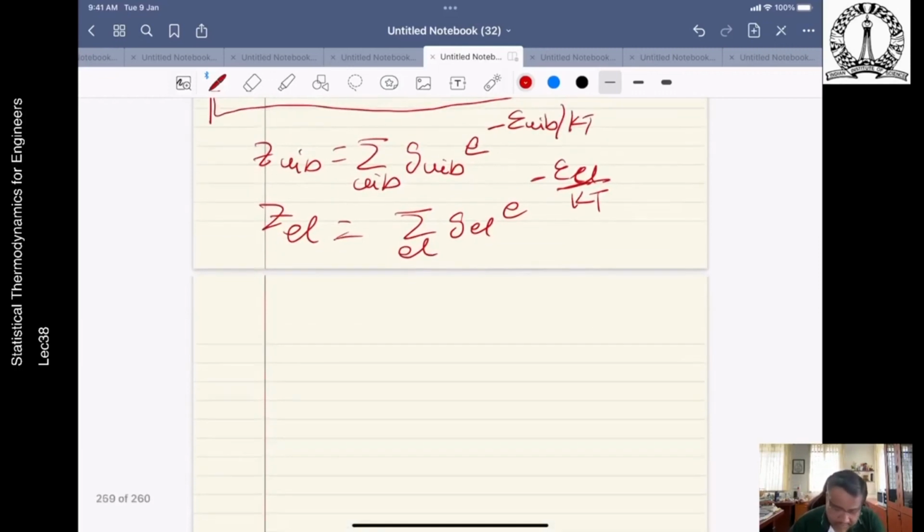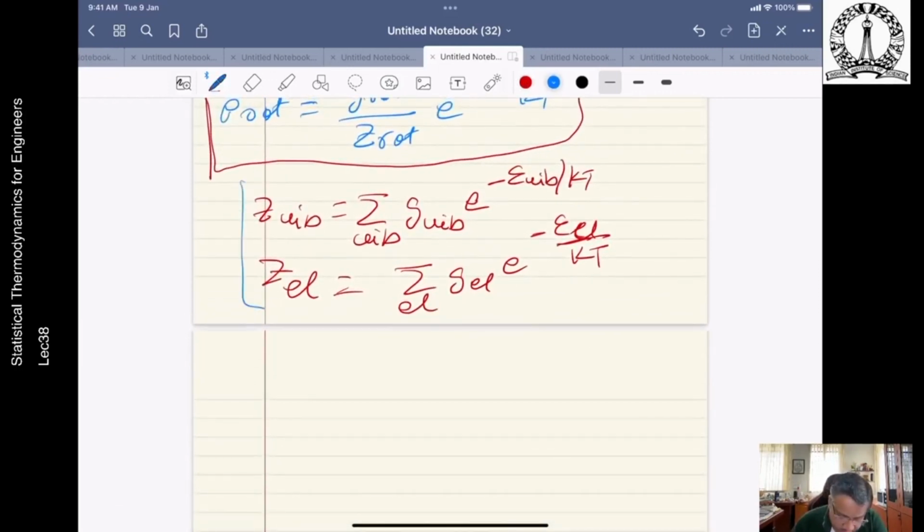So these are mainly for independent energy modes.